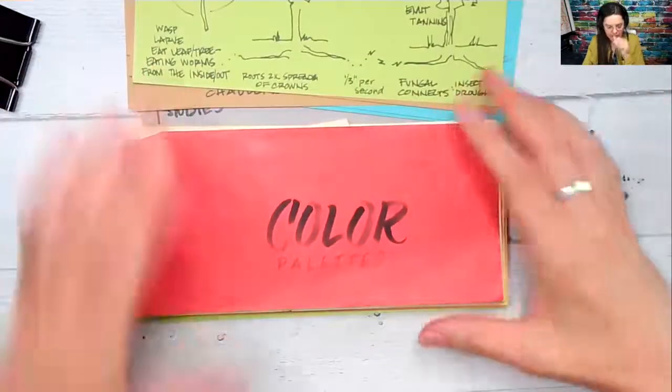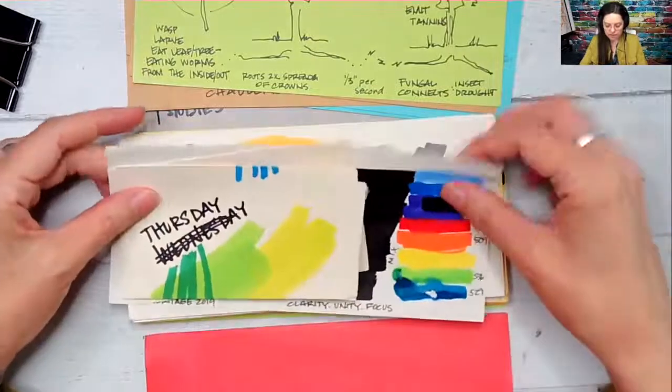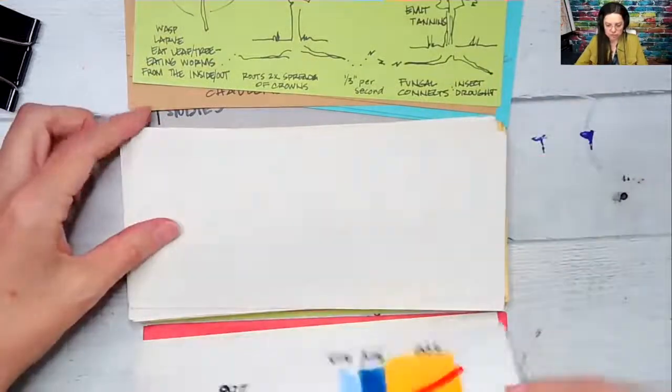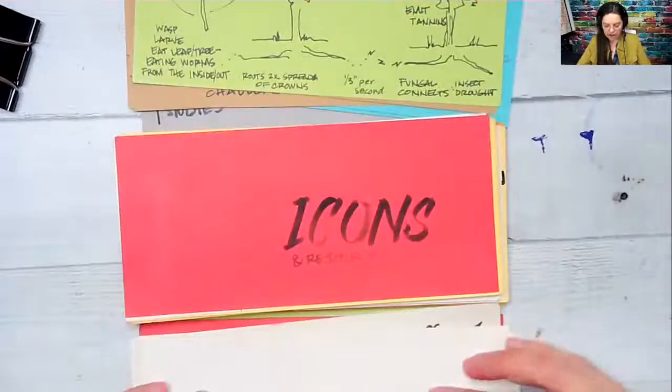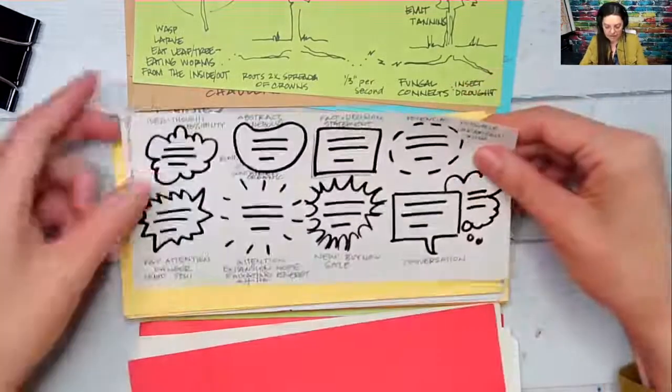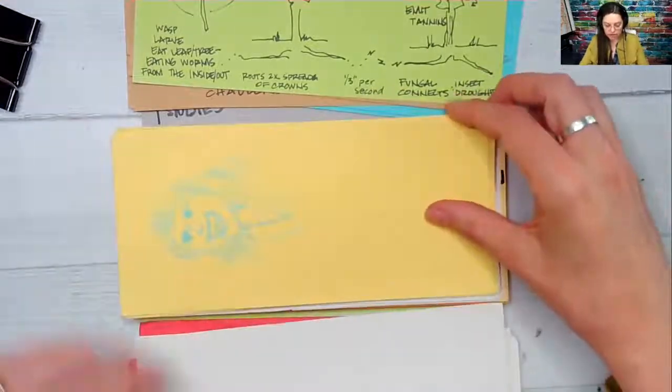And then over time, from the very beginning, I was collecting all of the different color palettes that I've used. You don't have to do this, but as a graphic recorder, I had color palettes, I had icons. This is where I started building my library of containers and drawings of people.